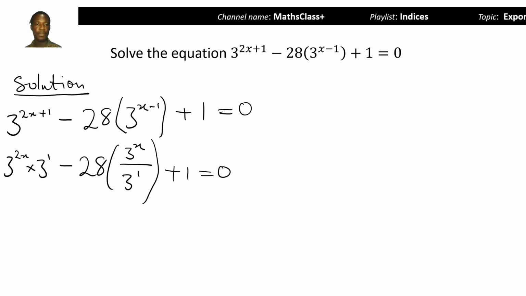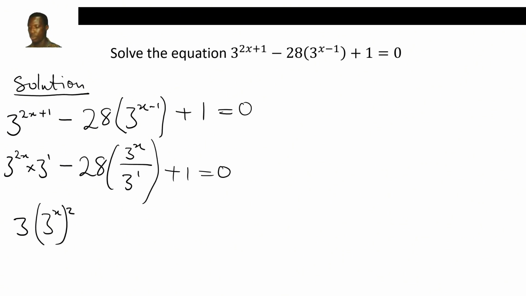Okay, so here we are going to simplify again. So 3 multiplying 3 to the power 2x, as we just have here. We have written it as this.